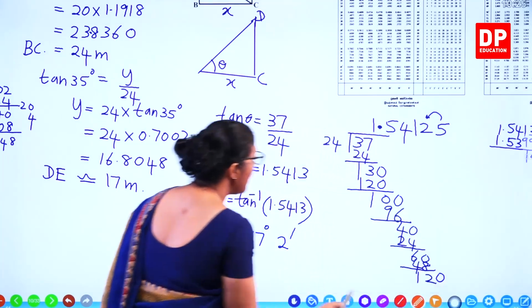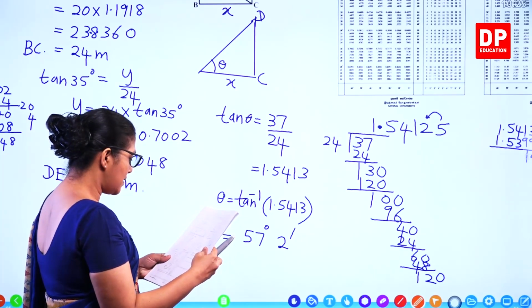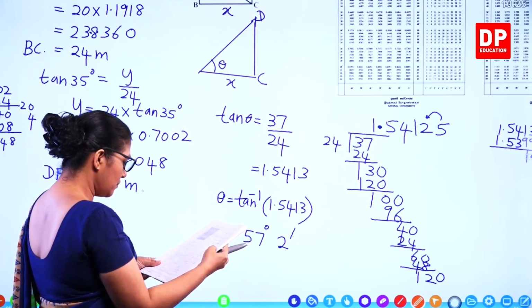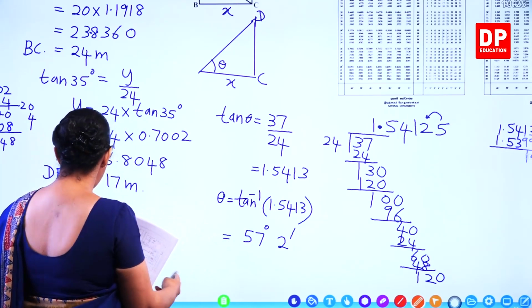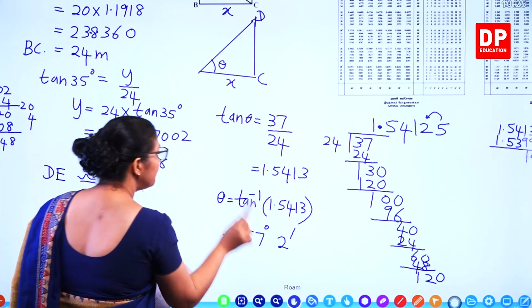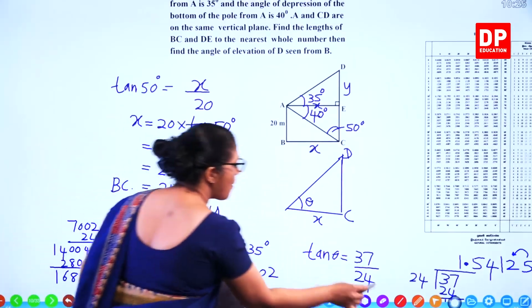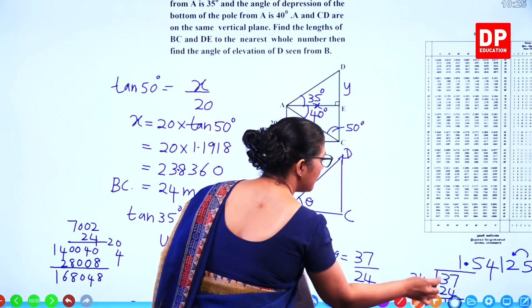So how many marks for these steps? You are getting 1 mark for the diagram. Not the scale diagram, just marking the angles.